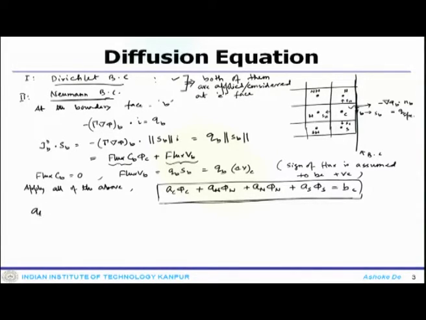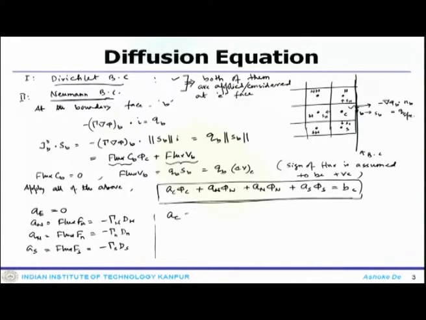That is why the representative discretized equations look similar, but the points that are going to be different are: A E is 0 here, A W would be flux F W, which is minus gamma W d W, A N is flux F n, which is minus gamma n d n, A S is flux F s, which is minus gamma s d s, and we have A C, which is the summation of the faces and flux C f.